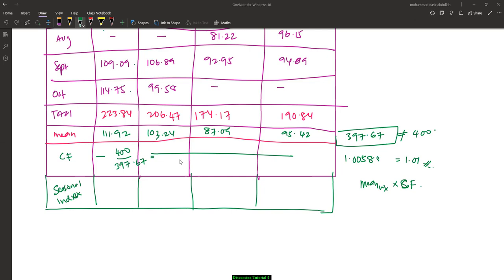So you tekan calculator, 400 divide by 397.67 multiply with 111.92. So you will get 112.58.